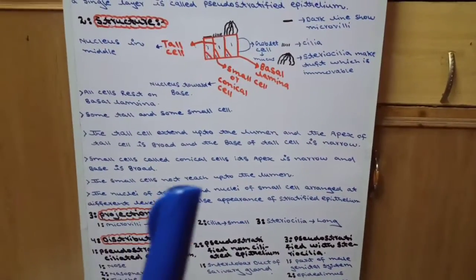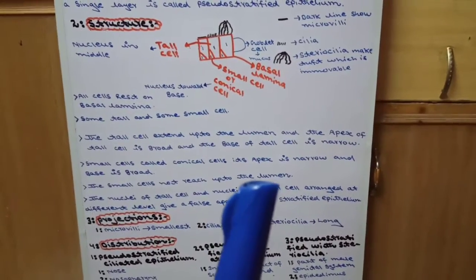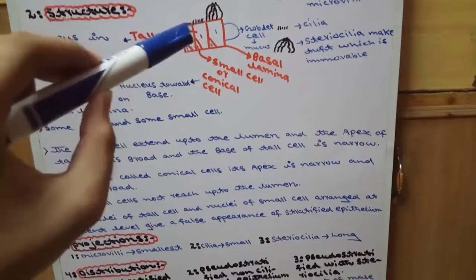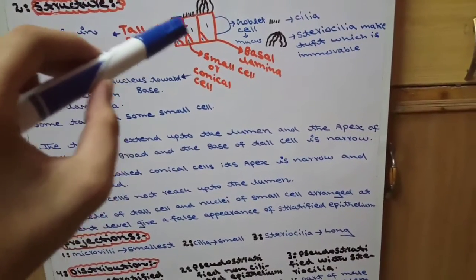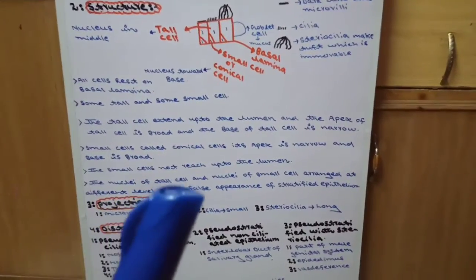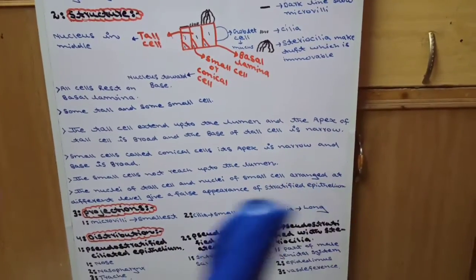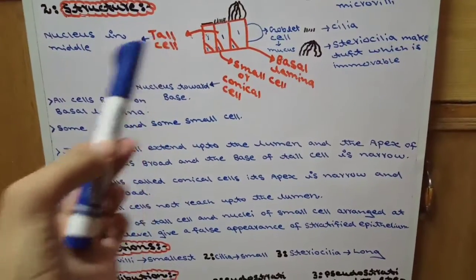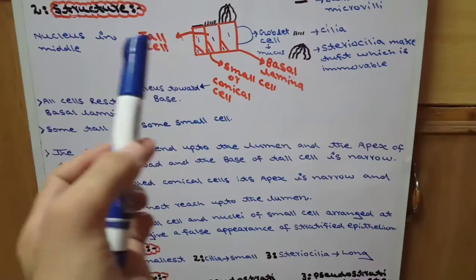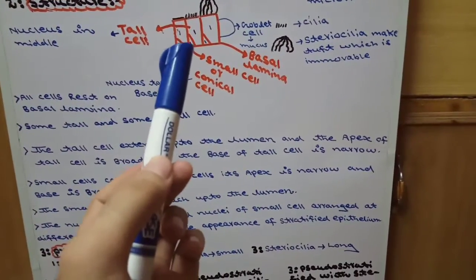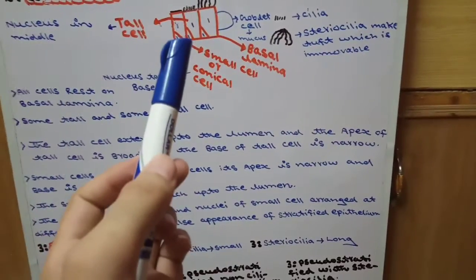The small cell does not reach up to the lumen. The tall cell reaches from the base up to the lumen, but the small cell does not reach up to the lumen. The nuclei of the tall cells and the nuclei of the small cells are arranged at different levels. The nuclei of the tall cells are present in the middle, but the nuclei of the small conical cells are toward the base.